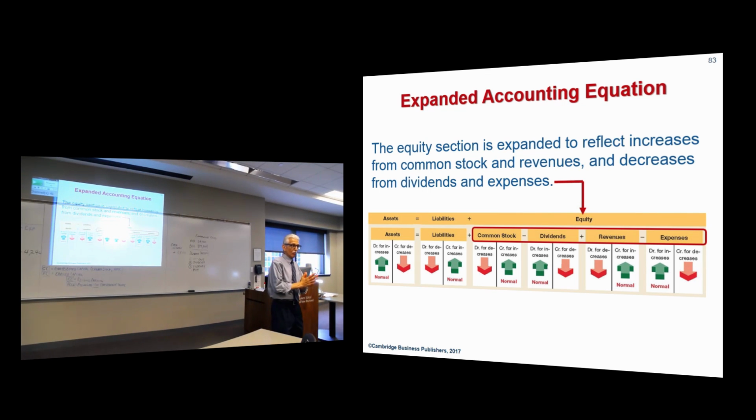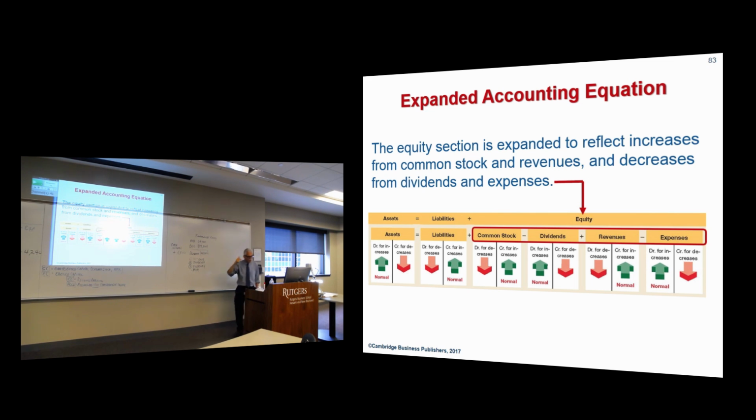So it's consistent. And if revenues go up, they increase with a credit, and we know that they increase equity as well in general. What becomes a little problematic would be dividends and expenses. When we say that dividends go up, we're actually reducing equity.